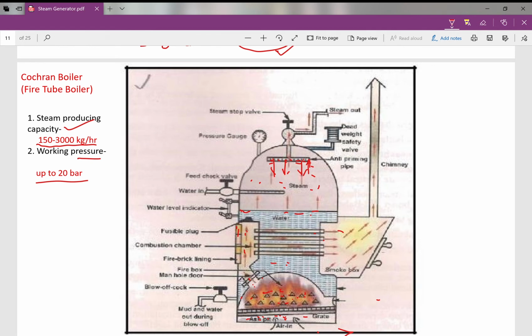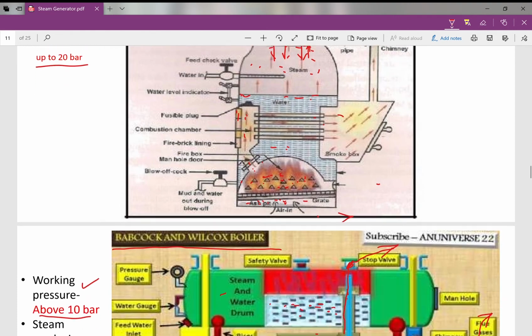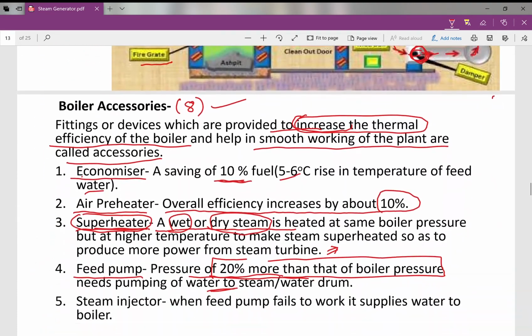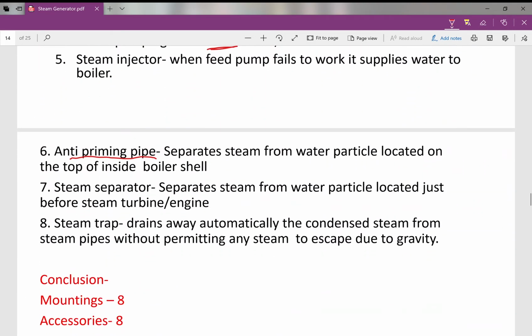And henceforth dry steam is allowed to go, right? And this helps in increasing the efficiency of the boiler. So that is your anti-priming pipe.